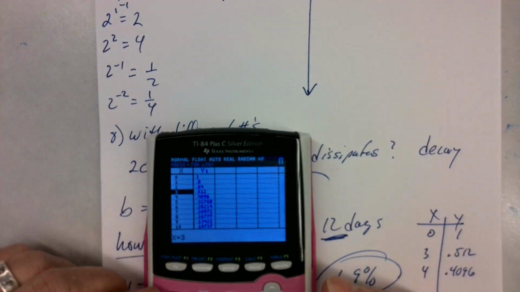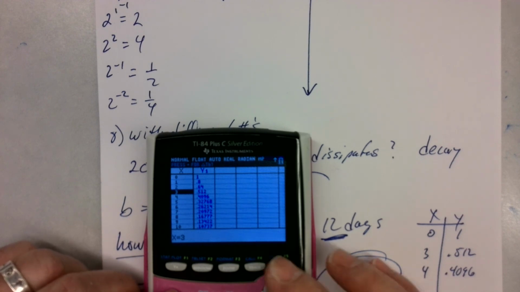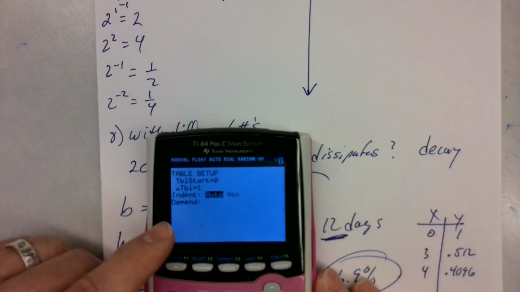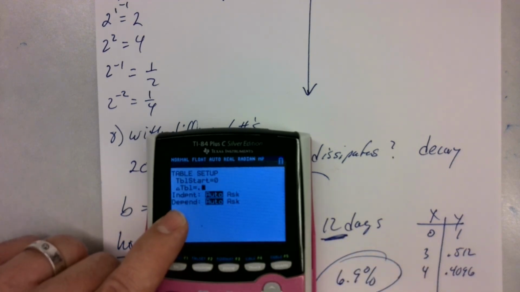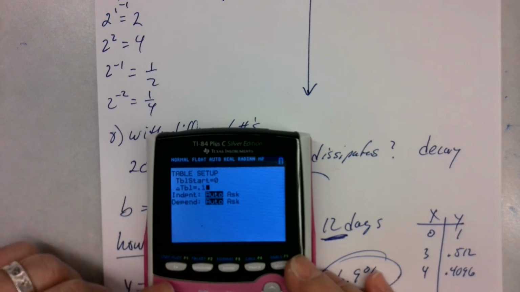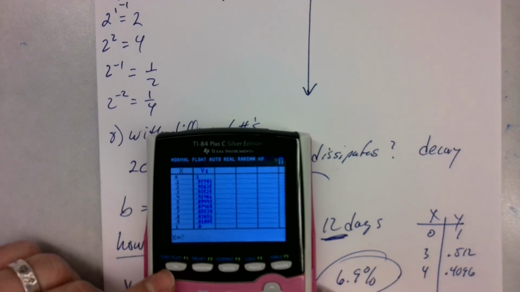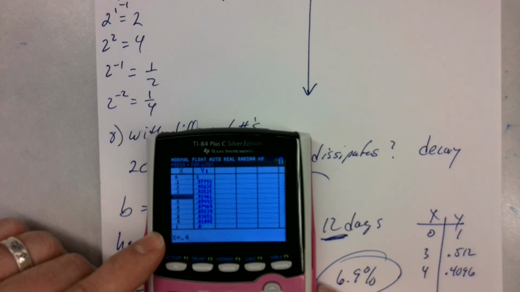You could change that and go second table set. Watch this. And change that from 1 to 0.1. And you could go back to your table. And now it completes, and you could scroll down and you could find to the decimal when that is going to be. We want it to be just less than 0.5, right?